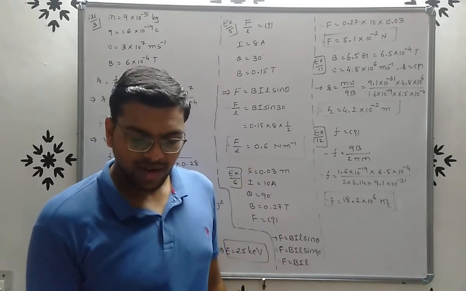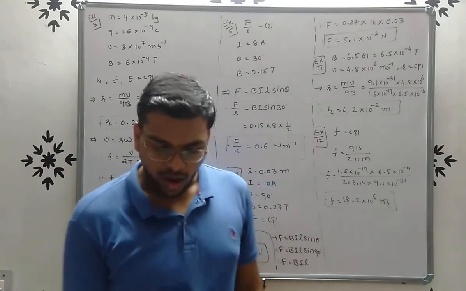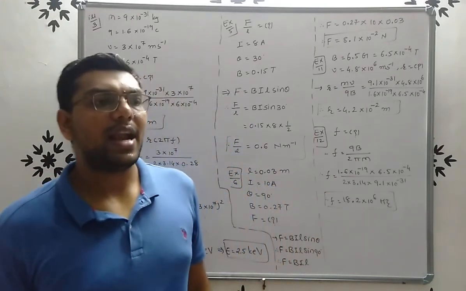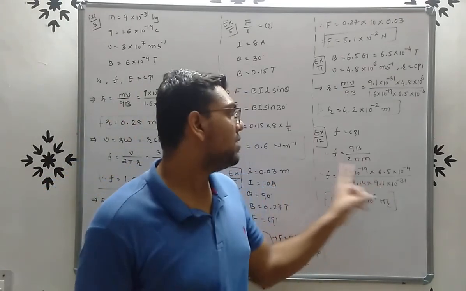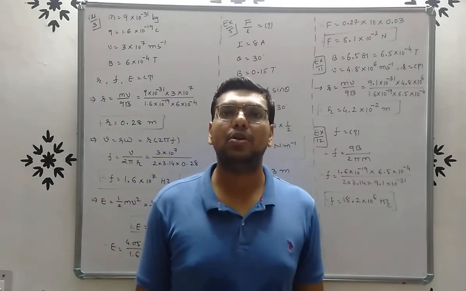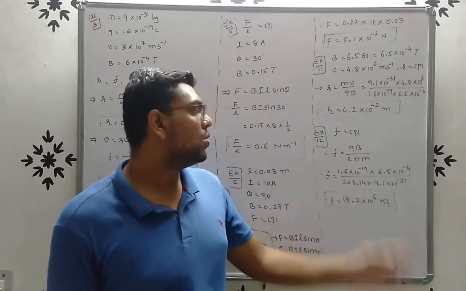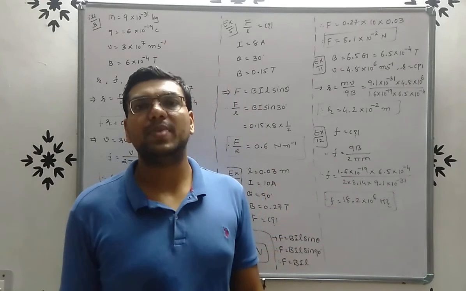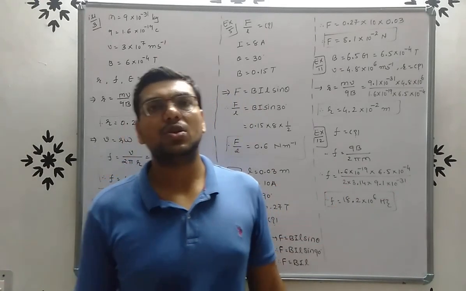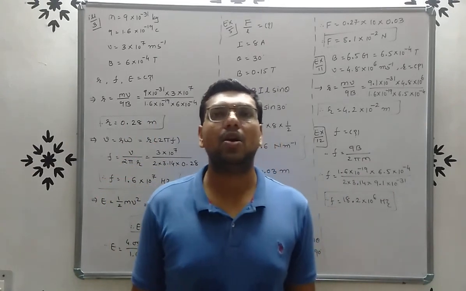So the answer is that frequency does not depend on the speed of the electron, because from the formula f is equal to qB upon 2 pi m, there is no term of speed, or velocity.